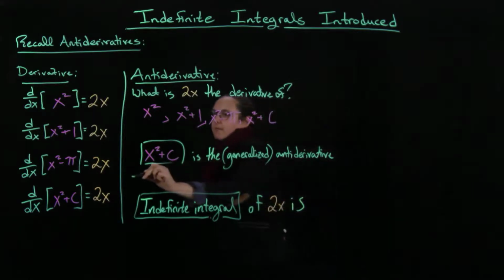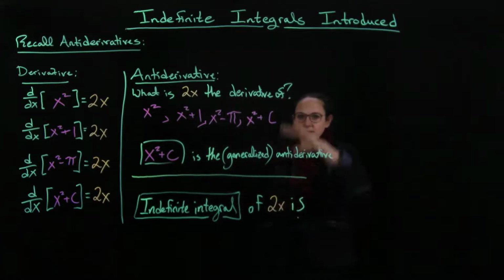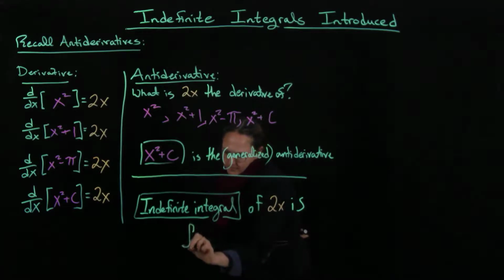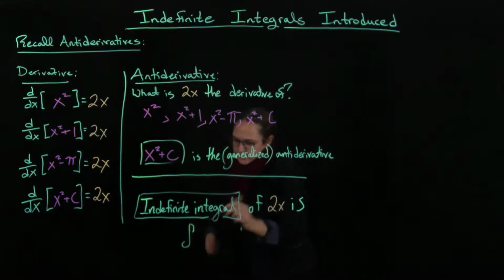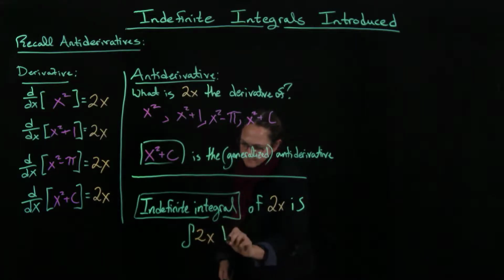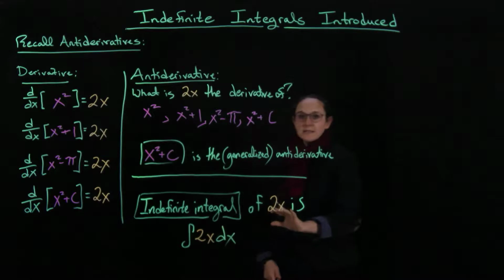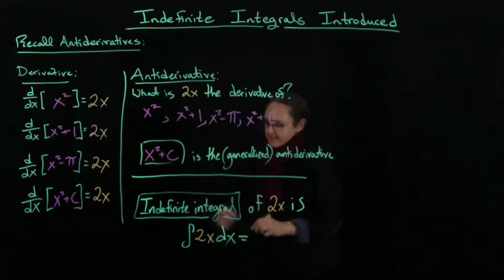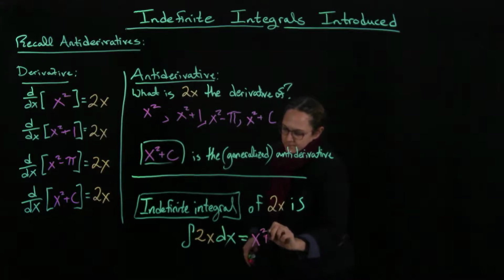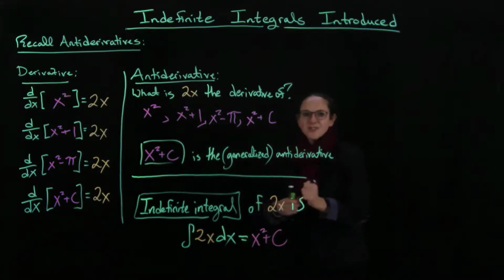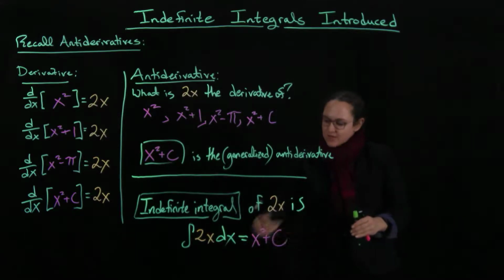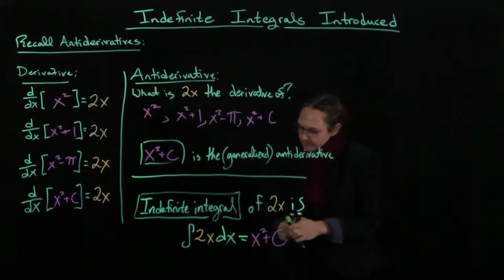We did the derivative, we did the antiderivative, and then the indefinite integral down here. So what is this? This is going to be the integral of 2x dx, right? And what is that? That's actually going to equal precisely that generalized antiderivative. Okay. So that's how you find the indefinite integral. You just take the generalized antiderivative. So that plus c is important.